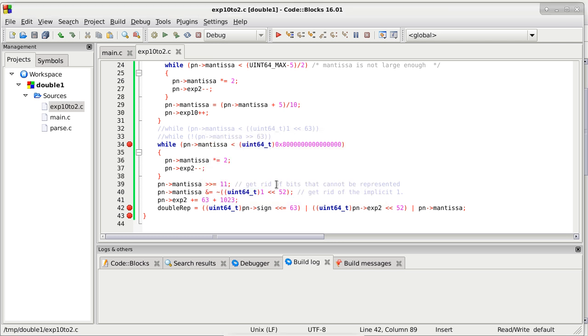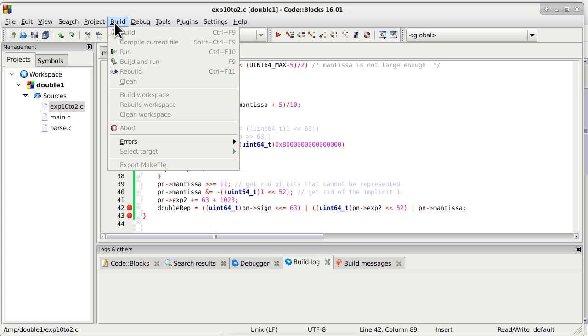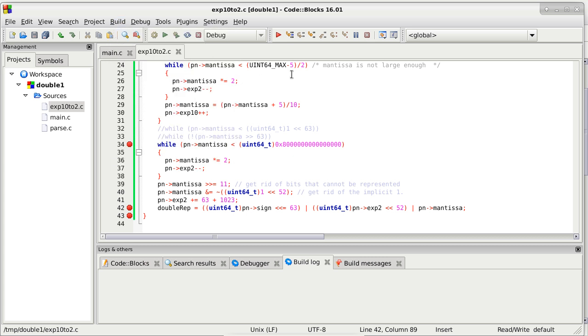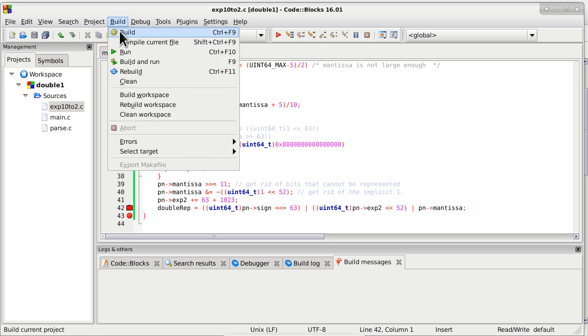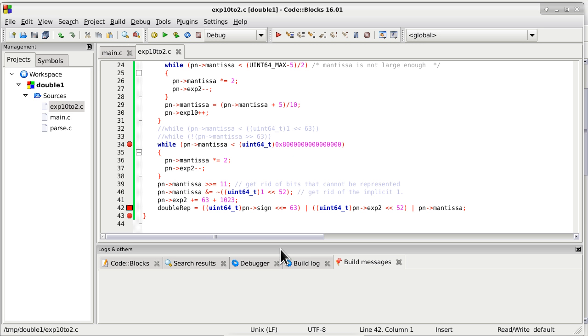Now, why is the build failing? Okay, program has stopped. Oh, okay, there's an error on this line.